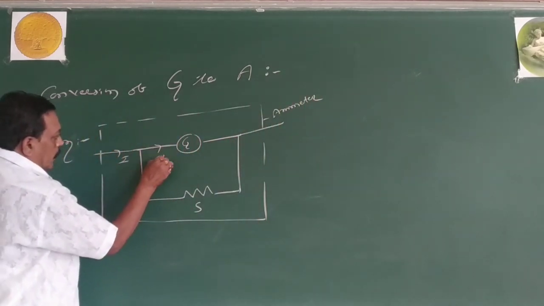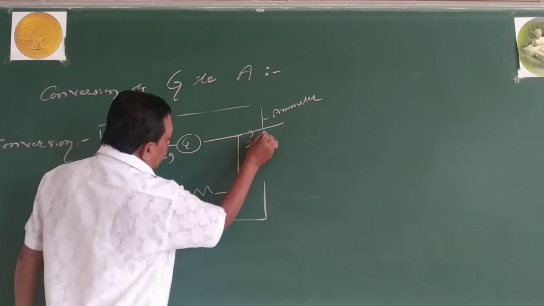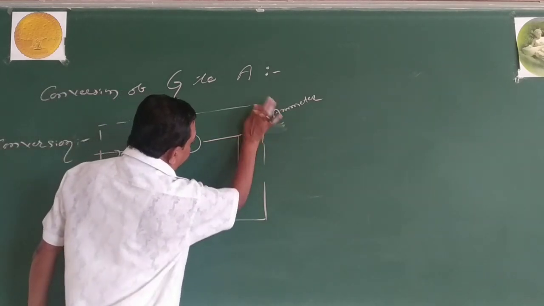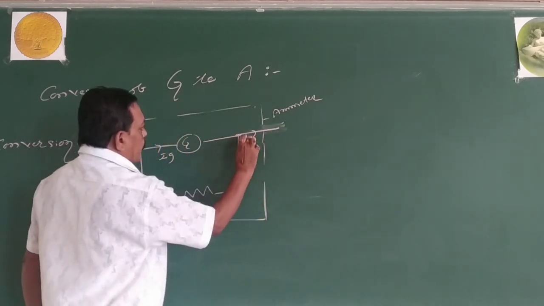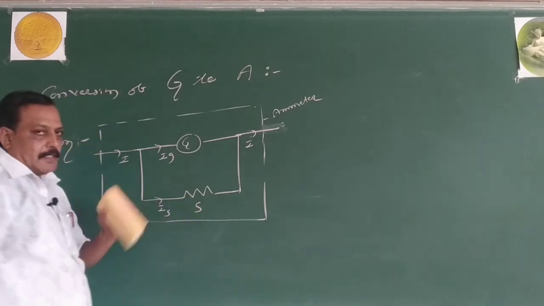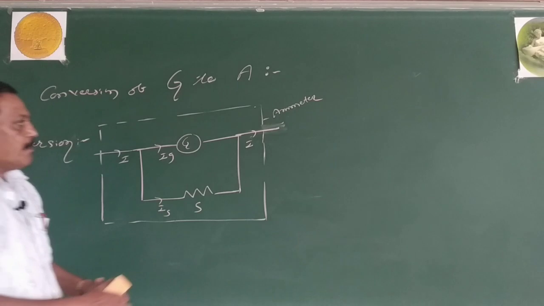The current through the galvanometer is Ig, the current through the shunt resistance is Is. Once again, the main current I. In a parallel combination, the potential difference is the same.